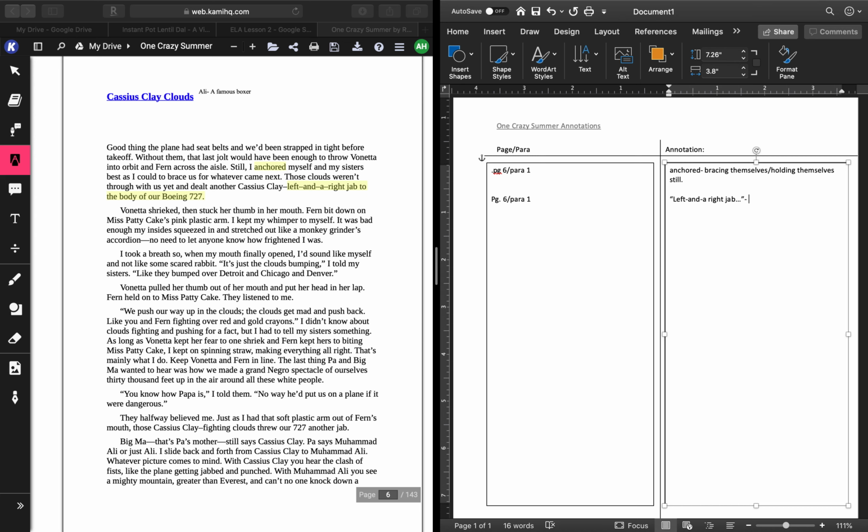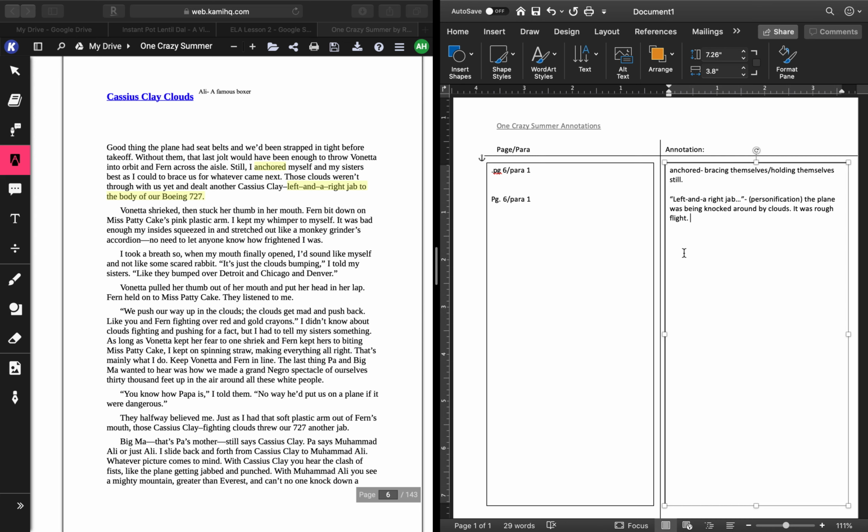We just want to know what we're referencing. So left and right jab, the deeper meaning is the plane. Well, let's go ahead and write that this is personification, sorry. The plane was being knocked around by clouds. It was a rough flight, right? It wasn't a pleasant flight. They're being knocked around by the turbulence, okay?